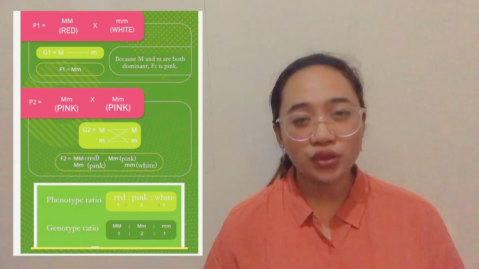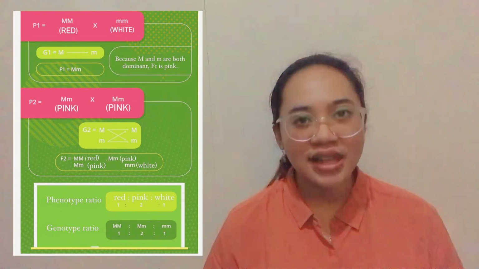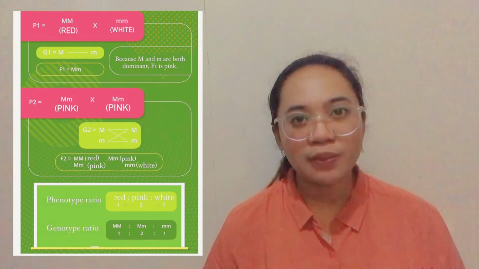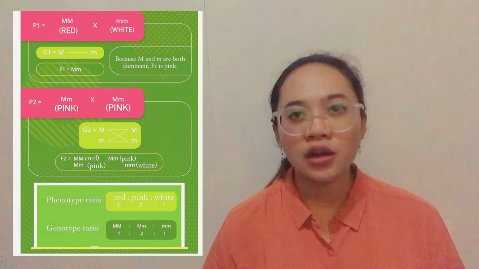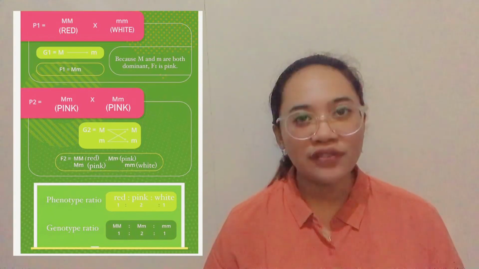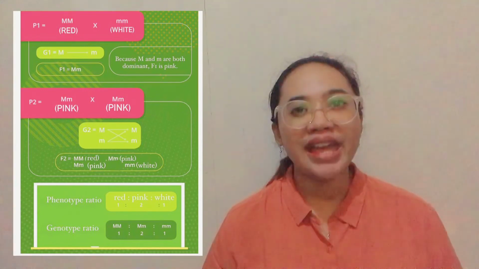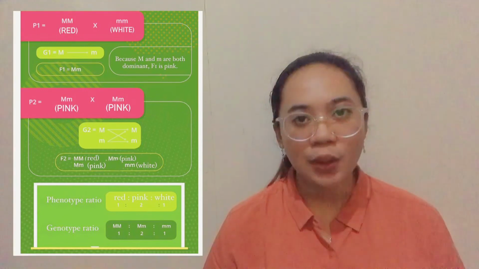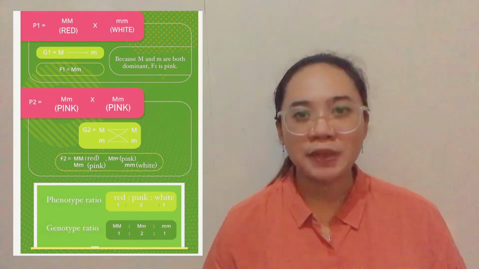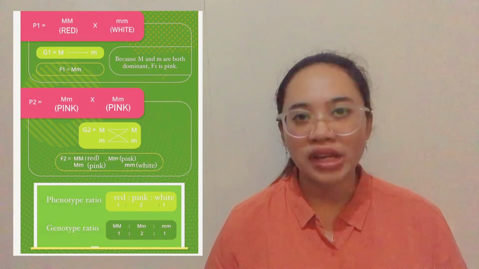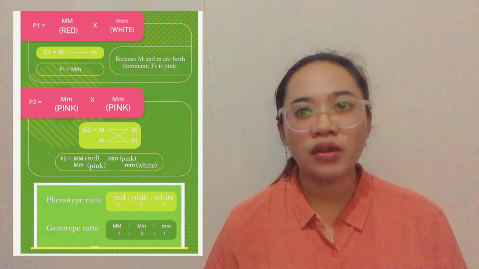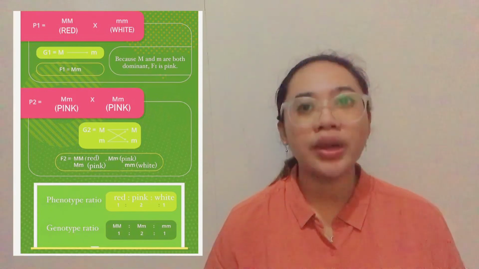Then F2 is MM red, Mm pink, and mm white. The phenotype ratio is red, pink, and white, 1, 2, and 1, and the genotype ratio is MM, Mm, and mm, 1, 2, and 1.